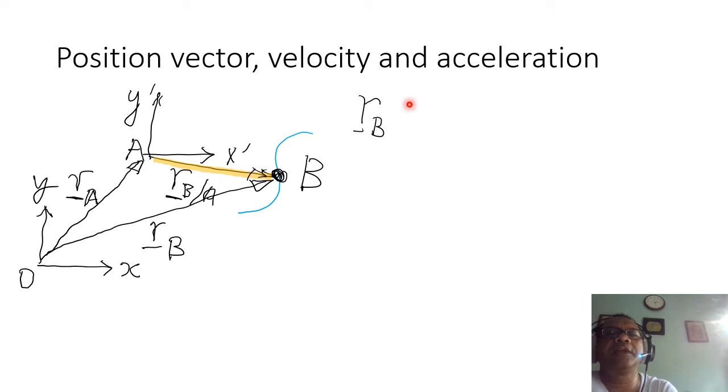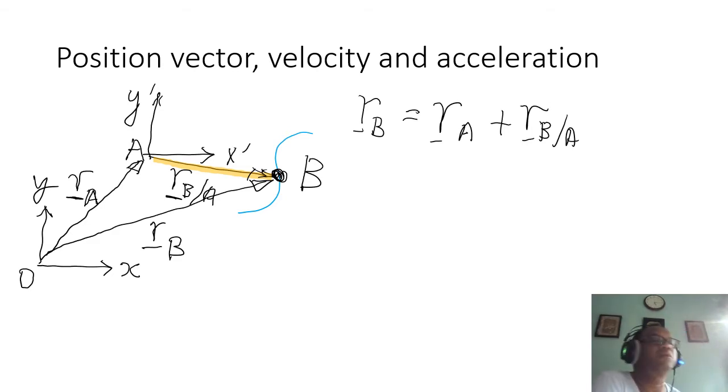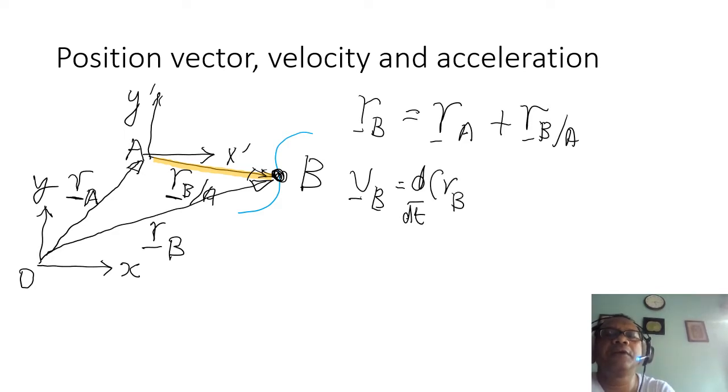So we can say that it equals position vector A plus position vector B relative to A. When we differentiate this equation, VB, the velocity of B, is the differentiation of the position vector B, and we will have velocity A plus velocity B relative to A.